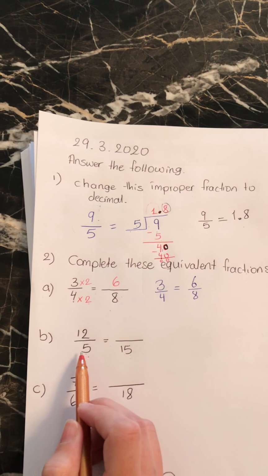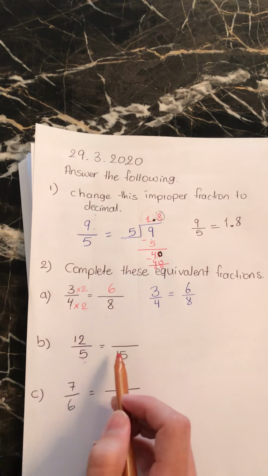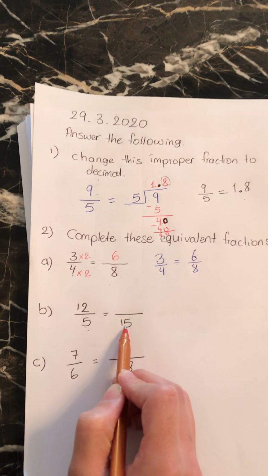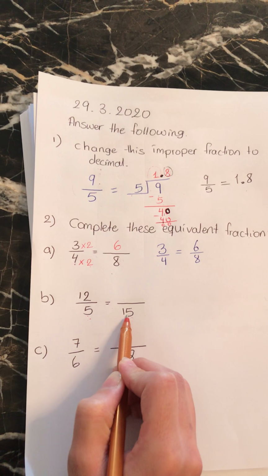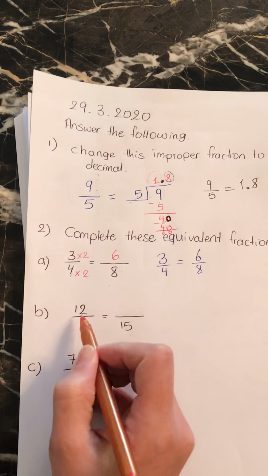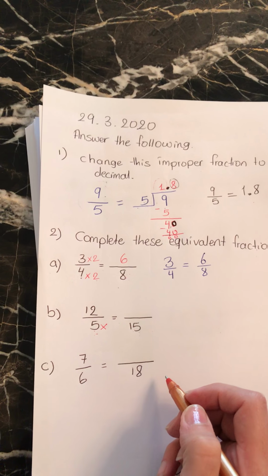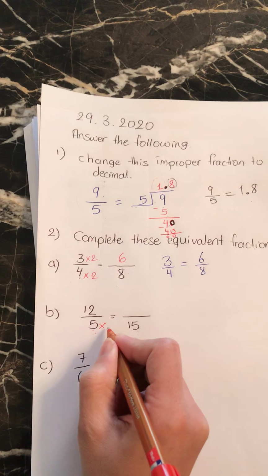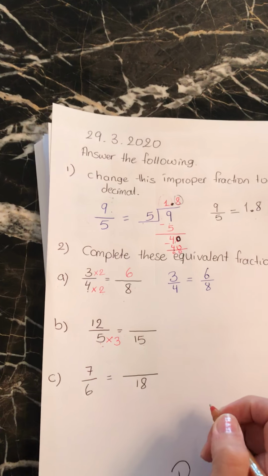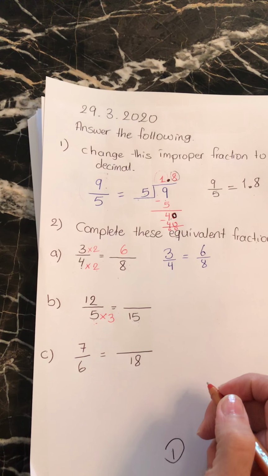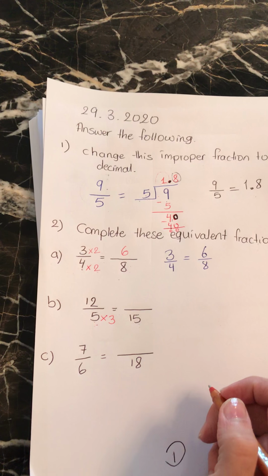Okay, because we have a small number changed to a big number, I know that I am using multiplication. Okay. 5 times which number is equal to 15? 5 times 3 is equal to 15.